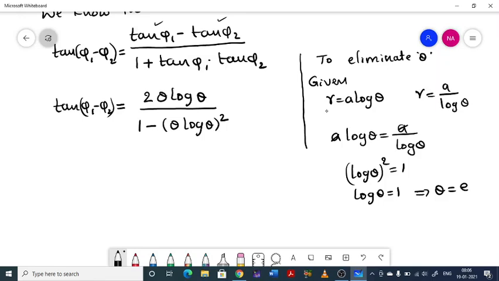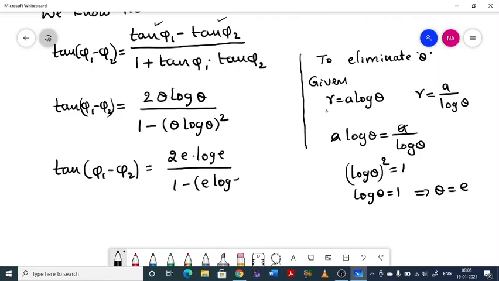Thus tan of phi 1 minus phi 2 equals 2e log e divided by 1 minus e log e whole square. But log e is 1, so it will be 2e divided by 1 minus e square.